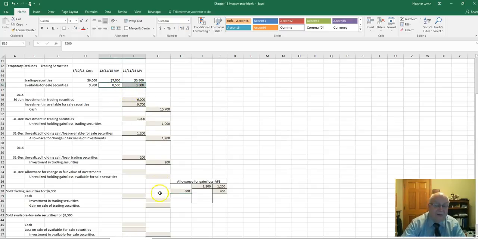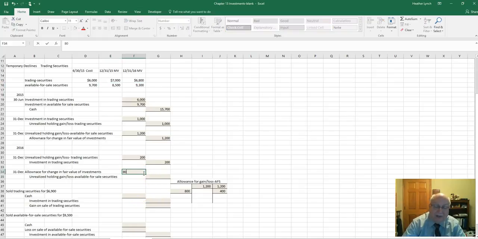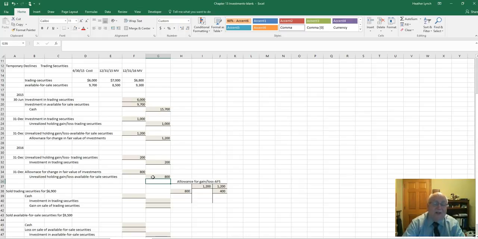It went up $800. So the allowance account we need to decrease by $800, and that would show a gain of $800. Again, this unrealized holding gain or loss is other comprehensive income. And on the balance sheet then we would show $9,300 for our investment account.